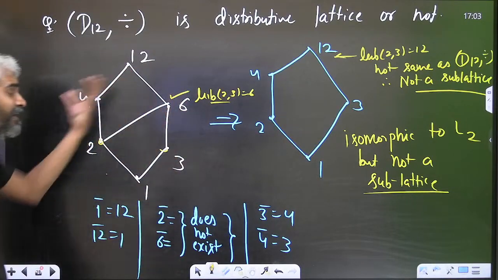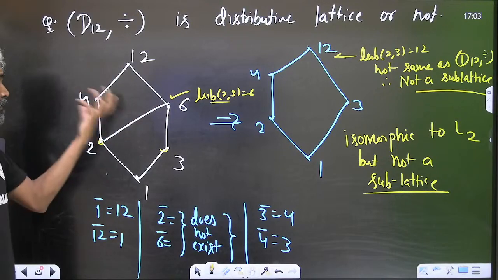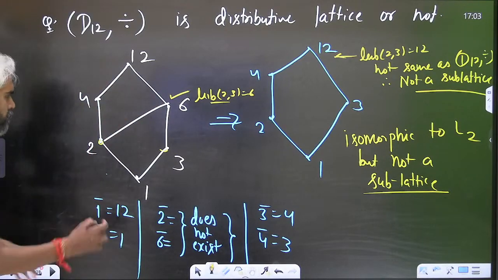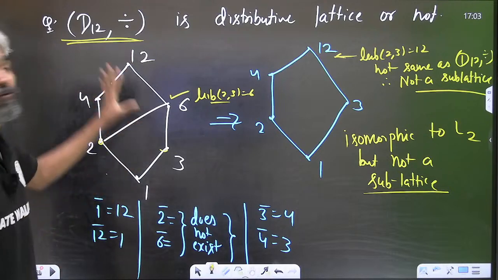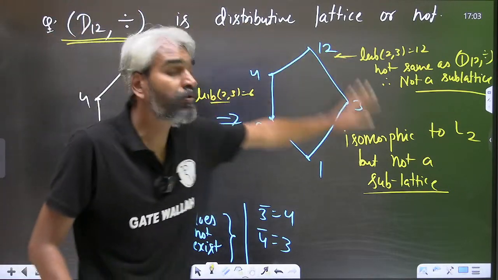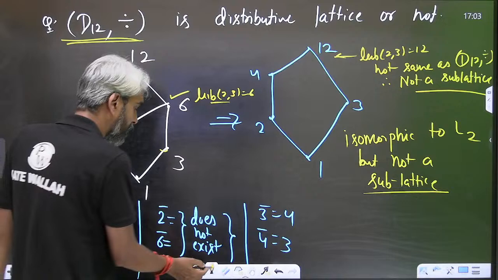Do we have any other sublattice of L, let's call it D12, which is isomorphic to L1 or L2? No, sir.